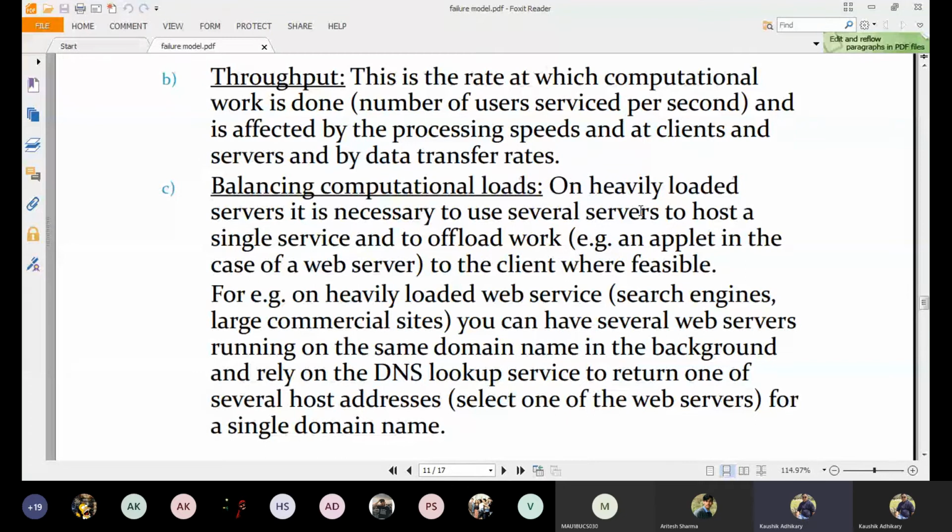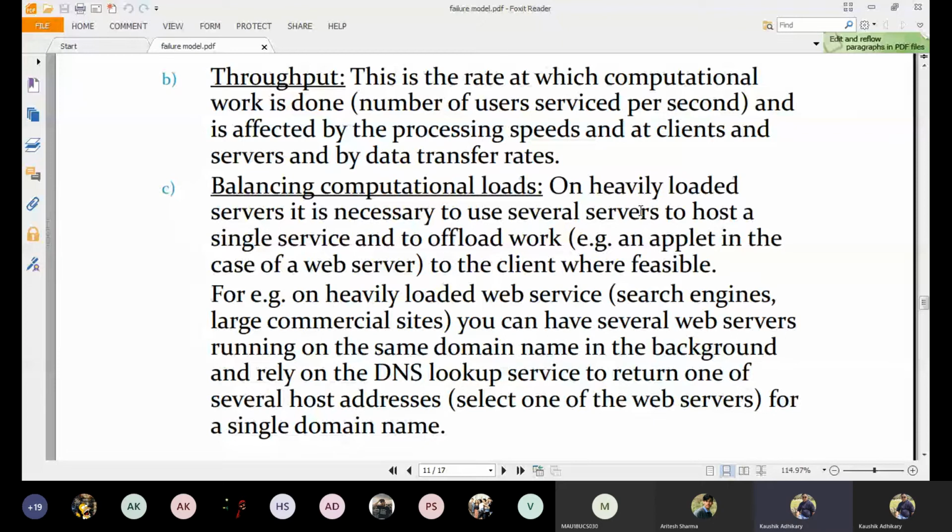When there is a heavy load, a server is handling many requests, hundreds and thousands and lakhs of requests. So how can we minimize the workload of servers? We have discussed distributing the workload with the help of an applet. Means the client installs an applet in its system and gets the service from the applet itself.